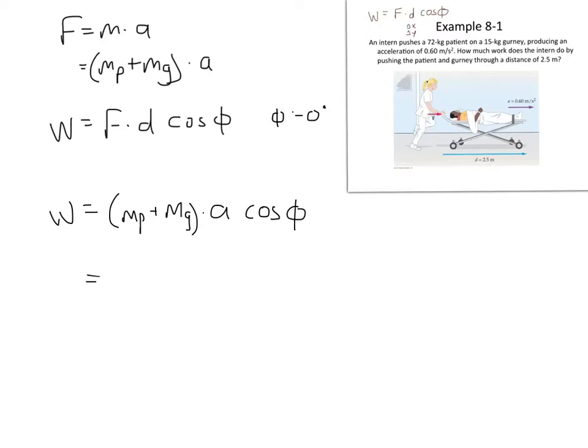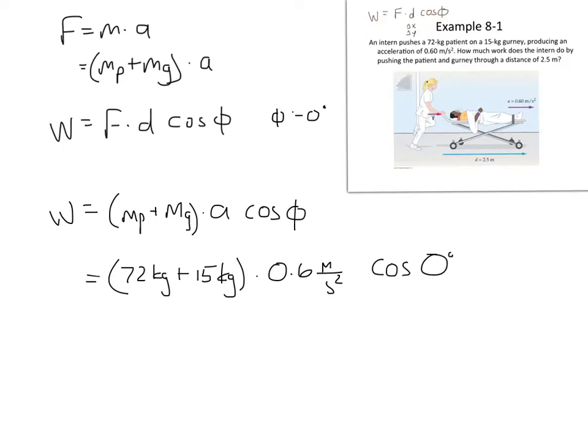Let's substitute in. The mass of our patient is 72 kilograms plus 15 kilograms for the gurney, times our acceleration of 0.6 meters per second squared, so not accelerating very quickly, times the cosine of 0 degrees, which is equal to 1.